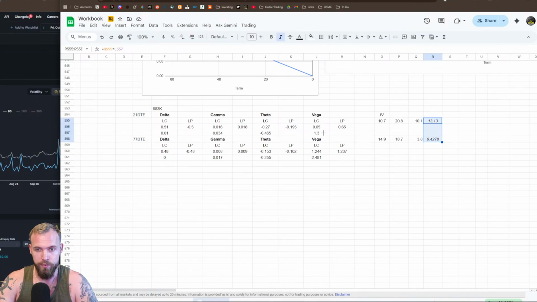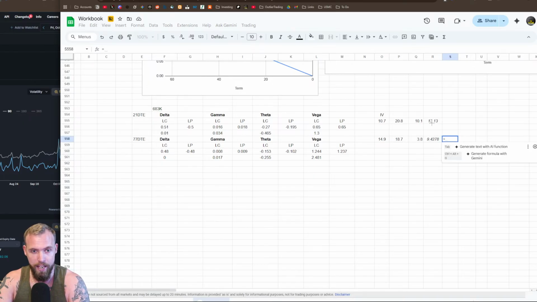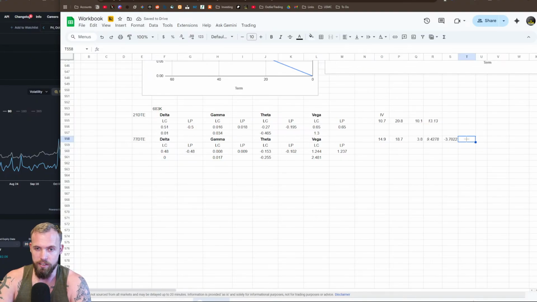Not that bad. But the difference between these is enough that it's something that I would want to know, because that's a 3.7 point difference. And again, in option speak, that's $370. So as a raw number in terms of theta, I do care about that. That's not so insignificant that it doesn't matter.